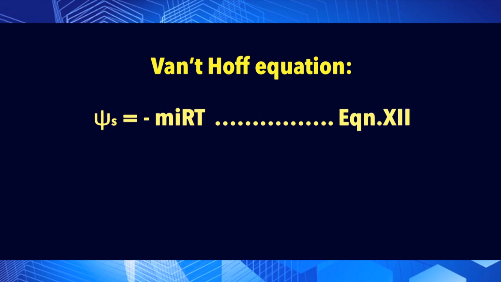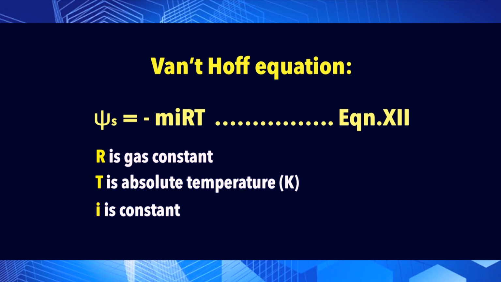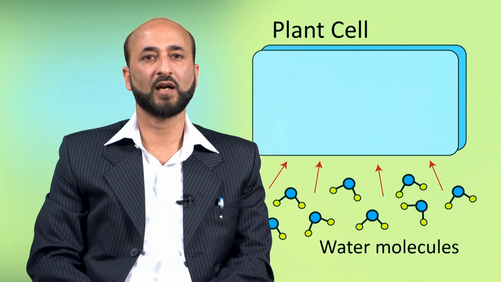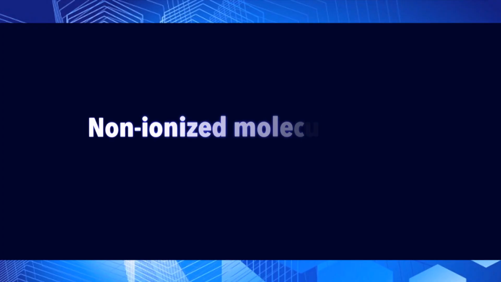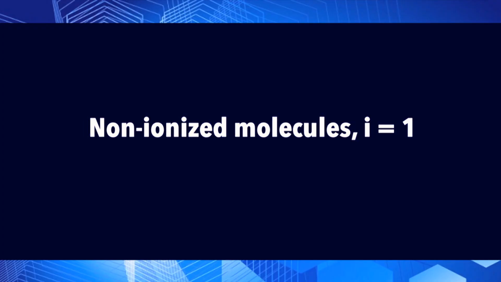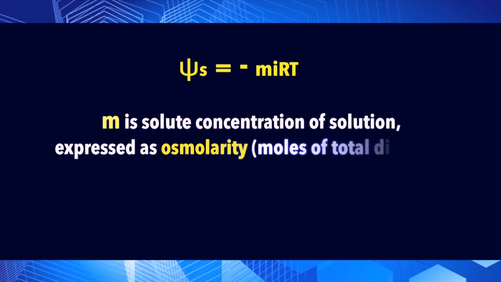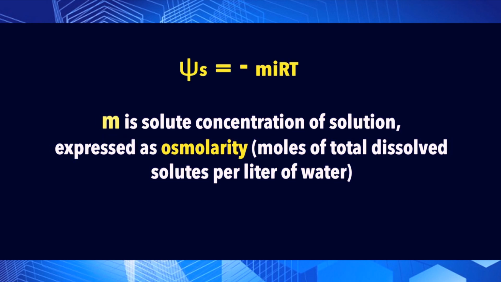Solute potential is equal to minus MiRT, where R is the gas constant, T is the absolute temperature in degrees Kelvin, i is a constant called Van't Hoff's factor that accounts for ionization of the solute and other deviations from perfect solutions. For non-ionized molecules, i is equal to 1, and M is the solute concentration of the solution expressed as osmolarity, moles of total dissolved solutes per liter of water.